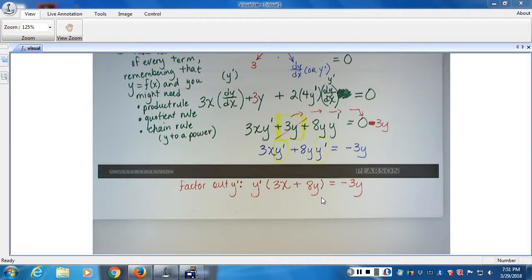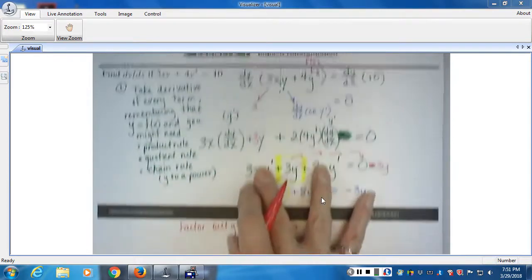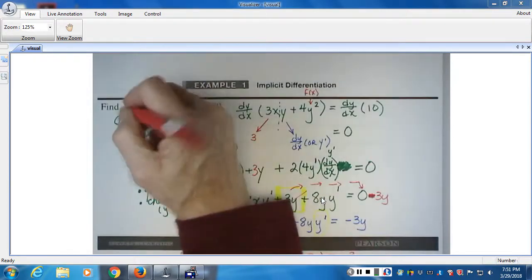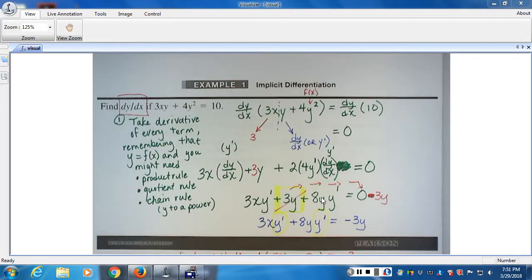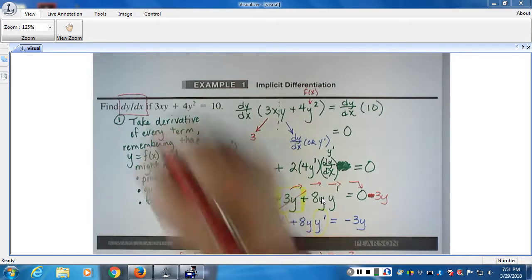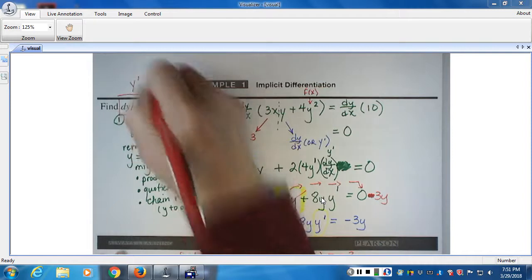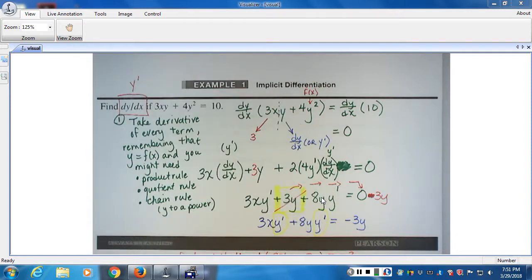What are we trying to find? The derivative dy dx. We're trying to find y prime.